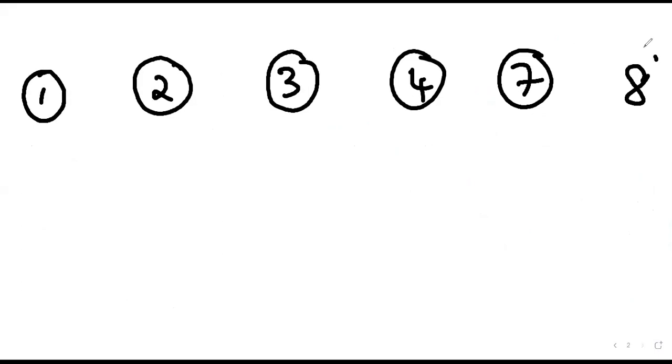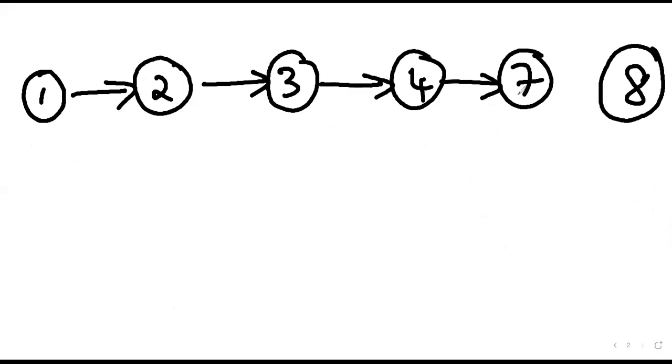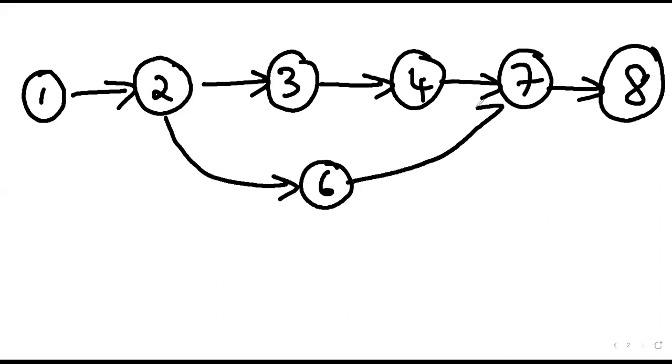The different nodes are 1, 2, 3, 4, 7, 8. Then 2 to 6, 6 to 7.